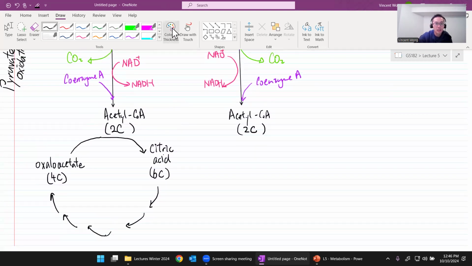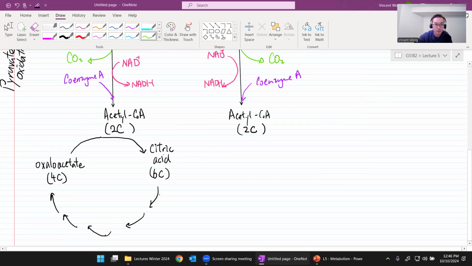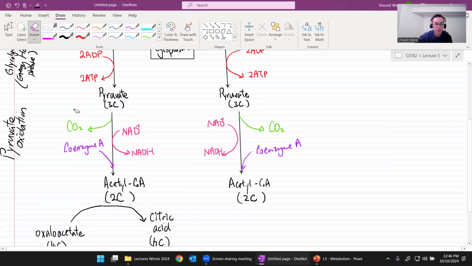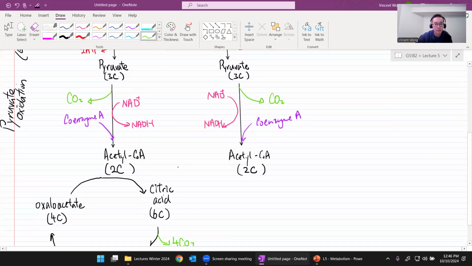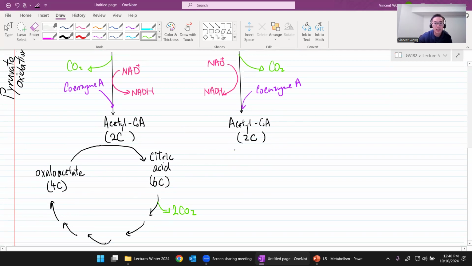First of all, you will be producing carbon dioxide, okay, 4 of them. So we had carbon dioxide here, and then we're gonna have even more carbon dioxide from this step here. Actually, sorry, it's two. It's four in total, two per cycle.